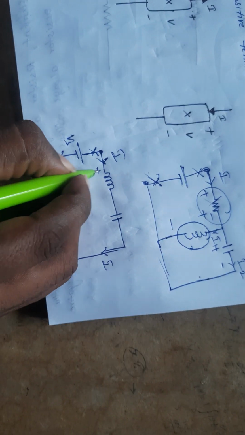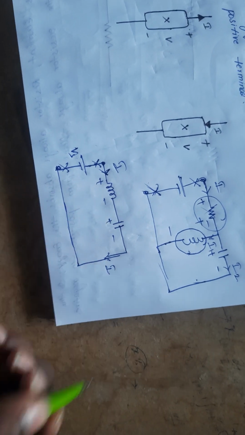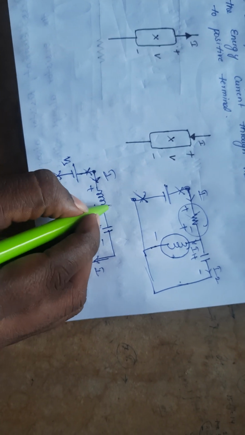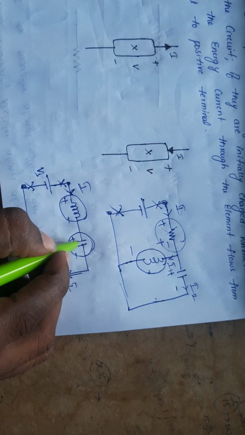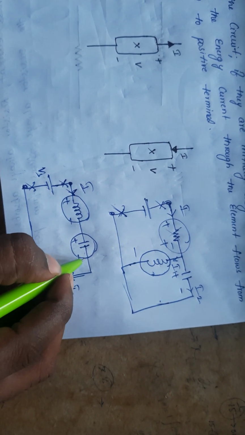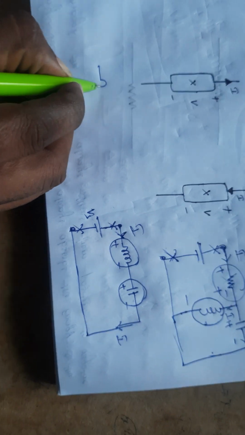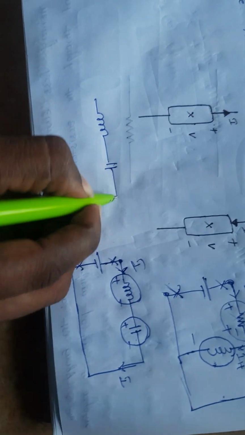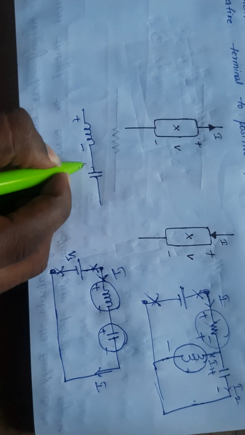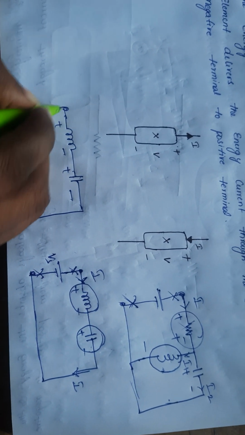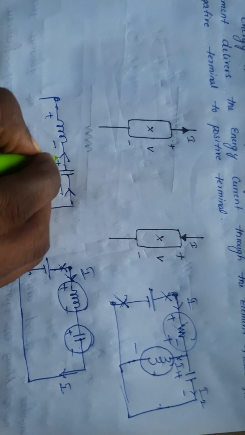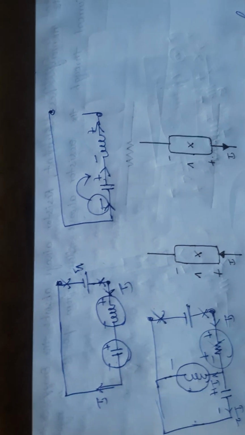This is the current direction. Now it is initially charged, so these are delivering the energy. So the current direction after disconnection is this. Negative to positive, negative to positive.